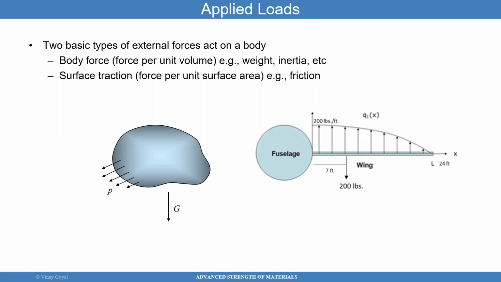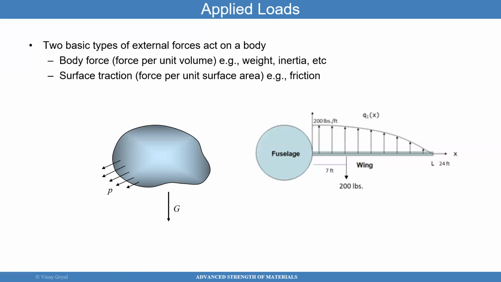And the other kind of load that you can apply to a body of material is a surface traction. In fact, that is the only load you can apply. A lot of times I hear a simplification, which is a very valid simplification, where I will apply a point load. For example, this 200 pounds looks like a point load, but the reality is there's no such thing as a point load.